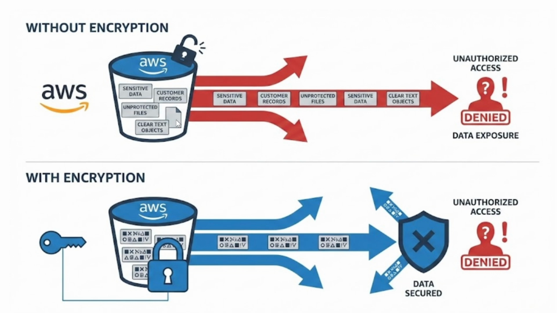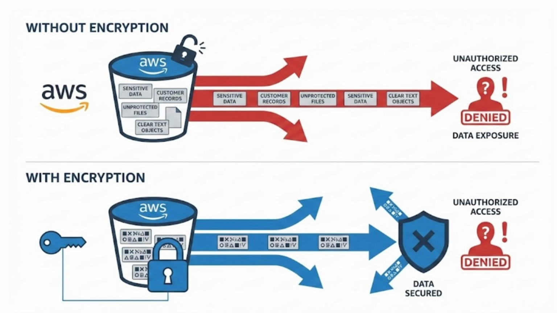Assume we have created an S3 bucket. We have not enabled encryption on that particular bucket, which means the data or the objects stored inside that bucket are residing in plain text format.